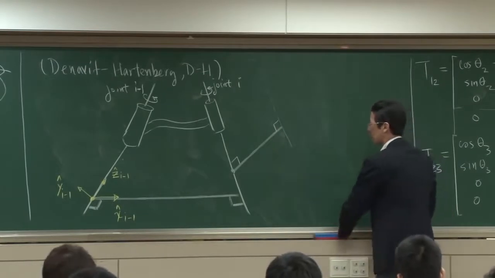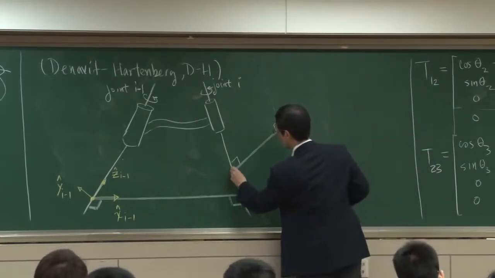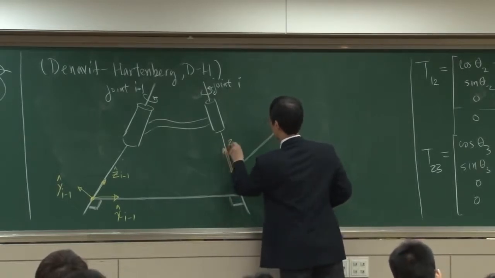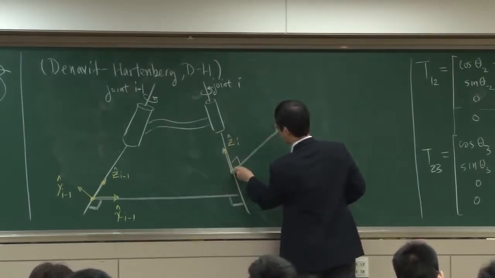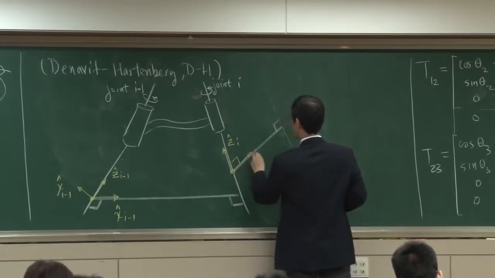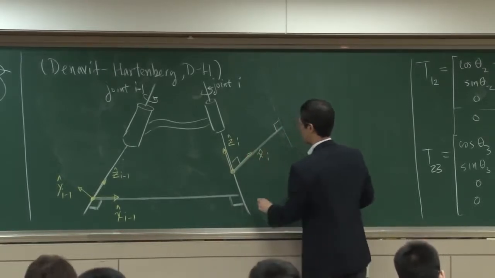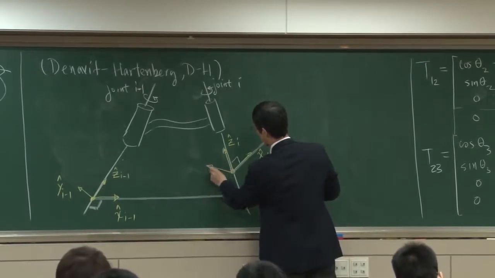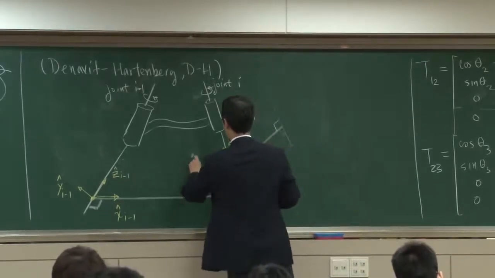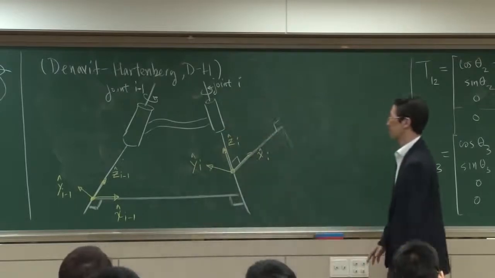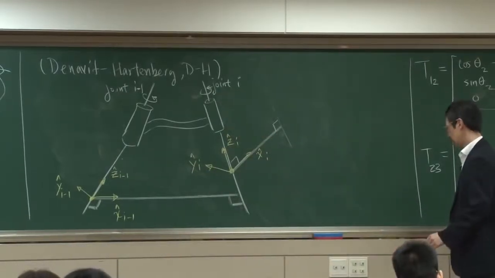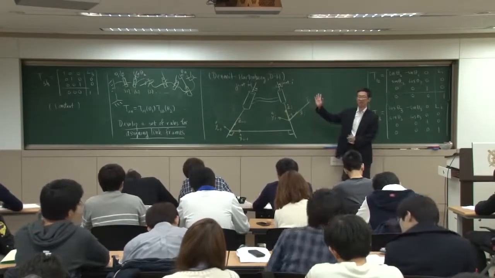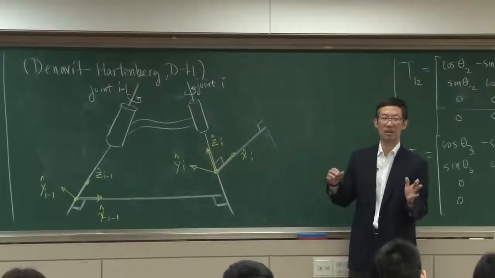Then our z-axis is that way, our x-axis is this way, and our y would point somewhere in that direction. All right, so these are the rules that Denavit and Hartenberg first proposed.